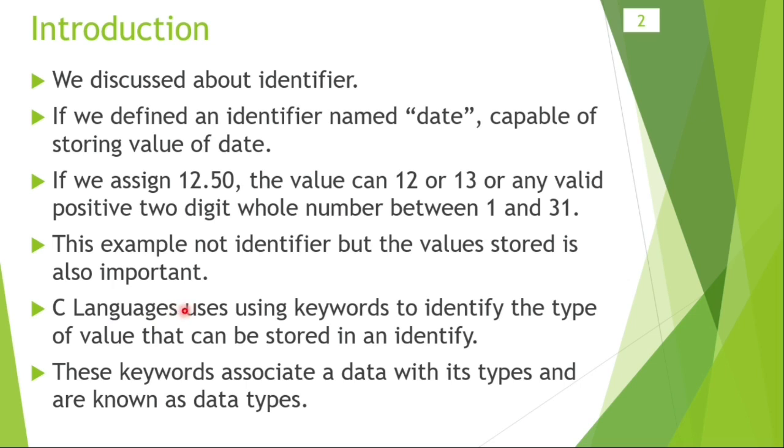C language uses keywords to identify the type of value that can be stored in an identifier. We have discussed in a previous chapter that C has a set of keywords, and the other keywords that we define in the program will not be considered by C. These keywords associate a data with its type and are known as a data type.